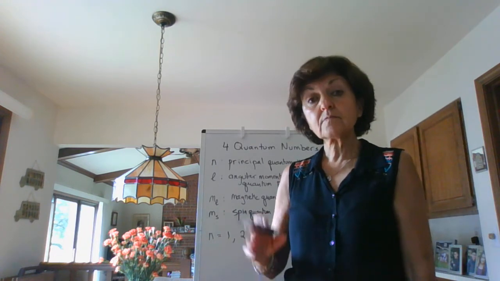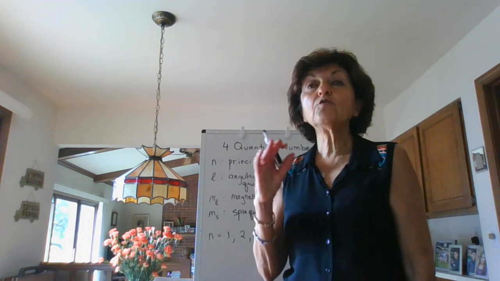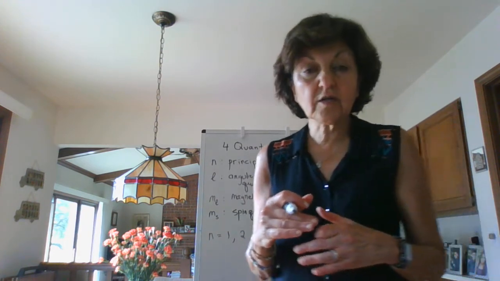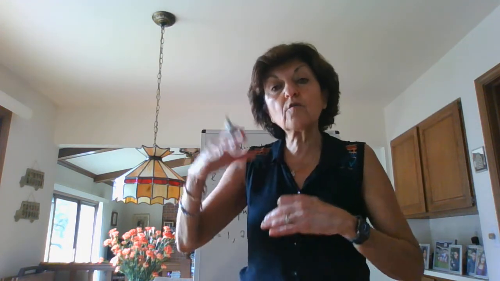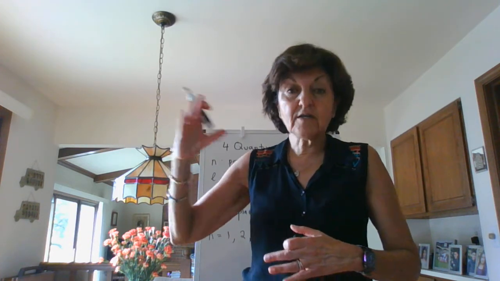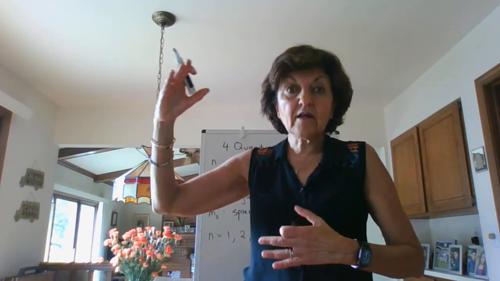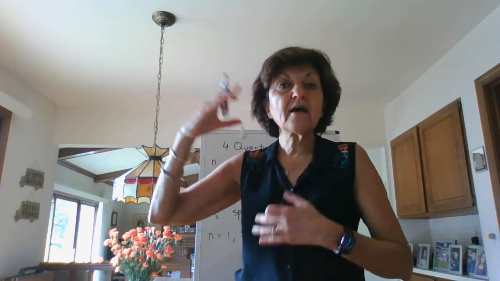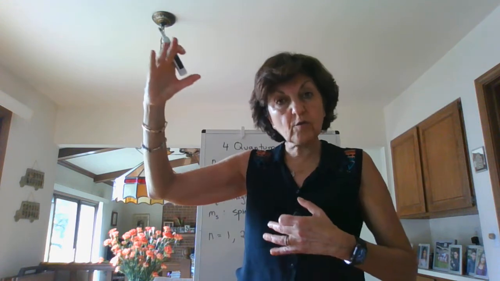Okay? That's N. And you know that if N is 1, it is the closest to the nucleus, and energy-wise, it's got the least energy. So as you go further and further away from the nucleus, as your N value increases, the electrons in those farther away shells have more energy, and they're further away from the nucleus.